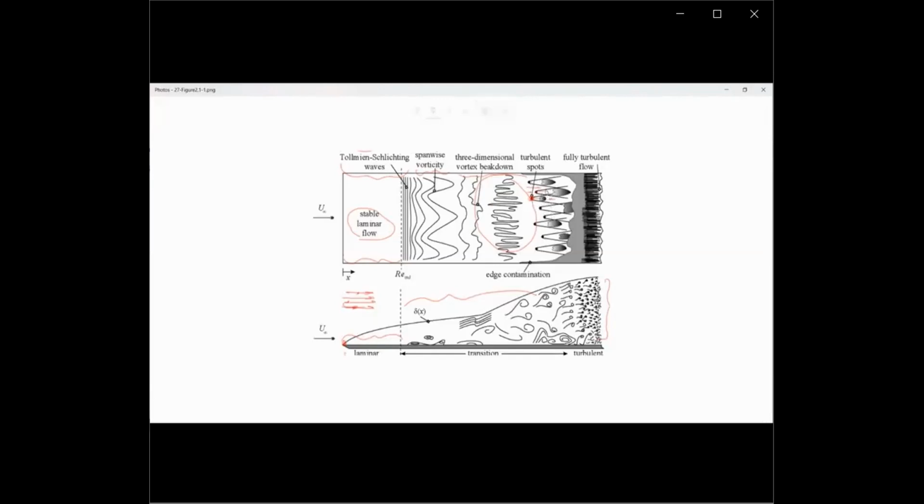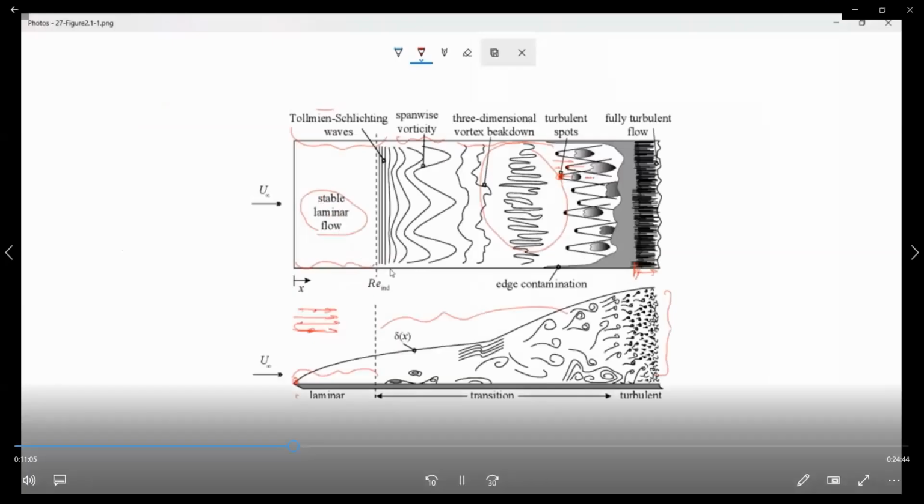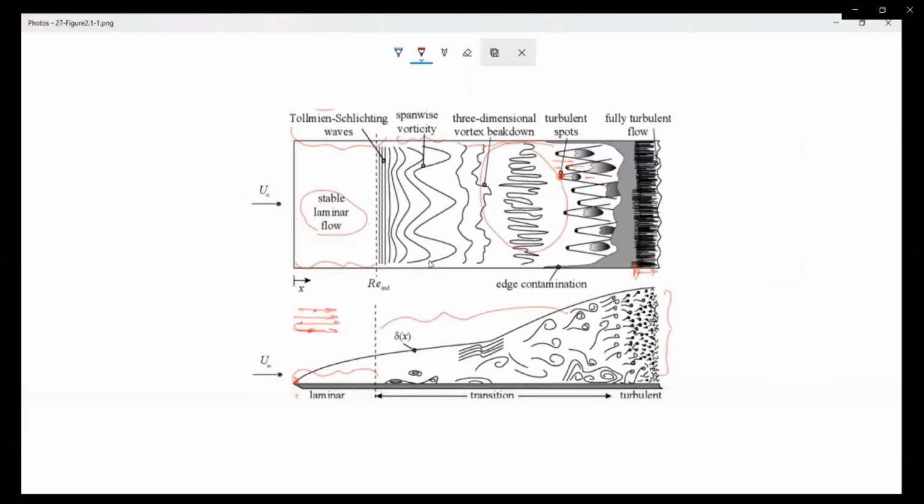These turbulent spots grow, and at some point they all mix with each other. When you reach a certain distance, after that distance you have a fully turbulent boundary layer on the solid object. As I told you, this transition process is quite complicated, and how to deal with it is out of the context of this class.